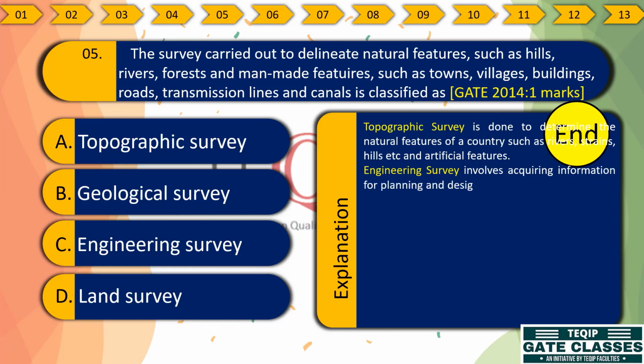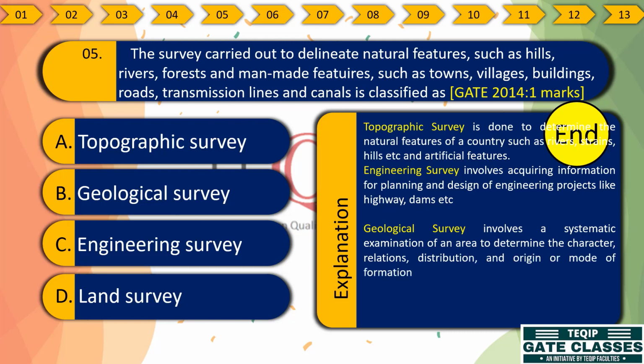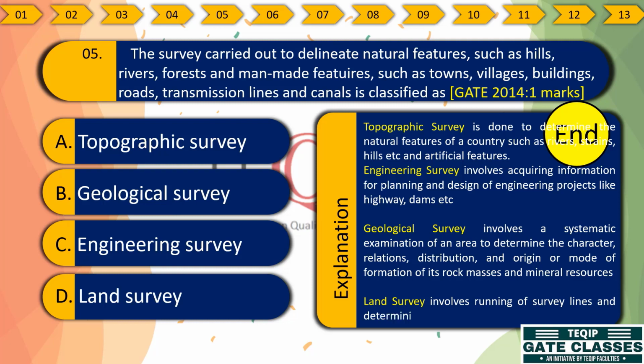Engineering survey involves acquiring information for planning and design of engineering projects like highway, dam, etc. Geological survey involves a systematic examination of an area to determine the character, relation, distribution and origin or the mode of formation of its rock masses and mineral resources. And the land survey involves the running of survey lines and determining their length and directions.